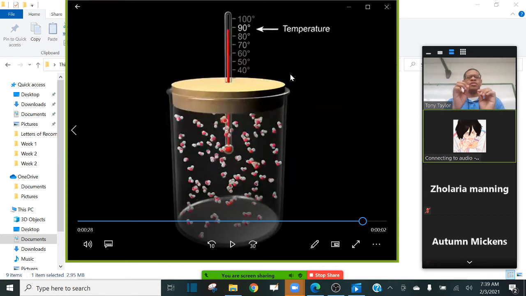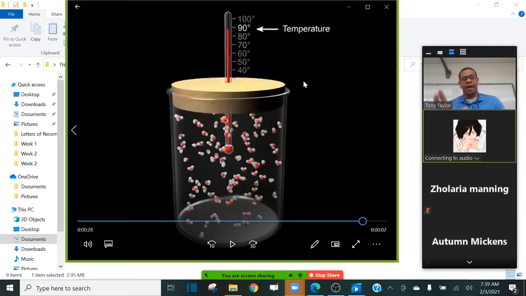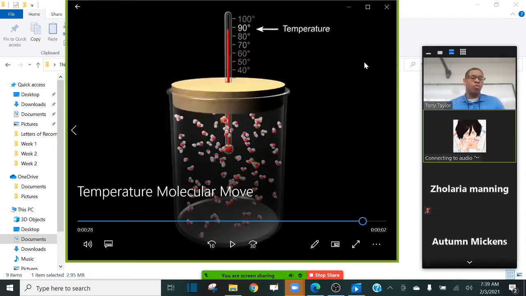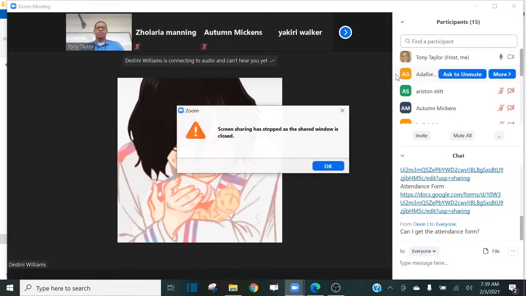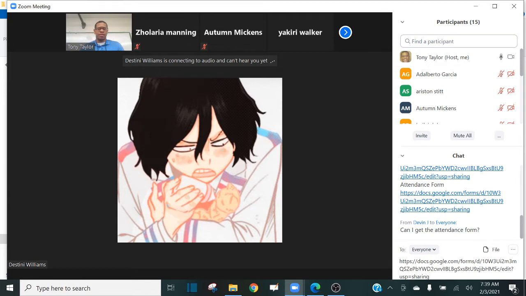But as we increased the temperature, those molecules began moving faster and faster, and they sped up as the temperature went up. That's what temperature is. Anytime something is hot, its molecules are moving really fast. Anytime something is cold, its molecules are moving really slowly. We're just talking about the average kinetic energy of the molecules that make up the substance.